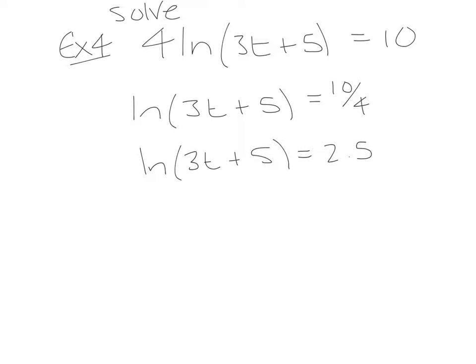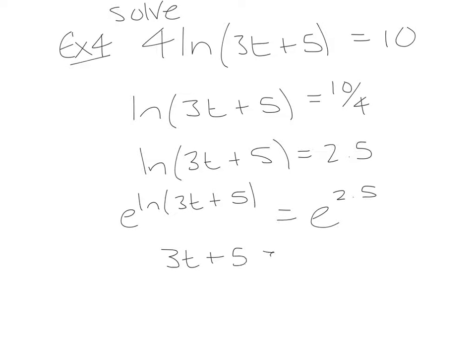Now that we have the natural log on the left hand side, we can take the exponential of both sides. So that's e to the power ln of 3t plus 5 equal to e to the power 2.5. The e and the ln will cancel out, so we'll have 3t plus 5 and e to the power 2.5 is equal to 12.182.